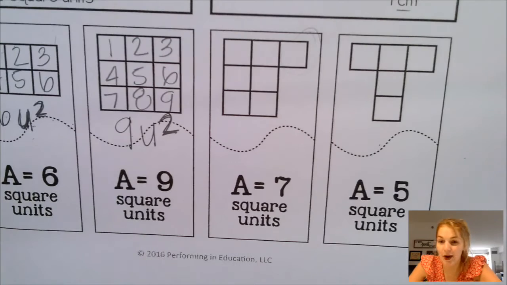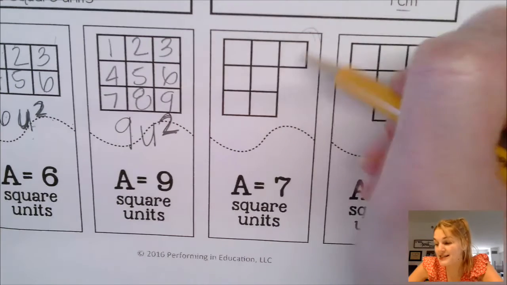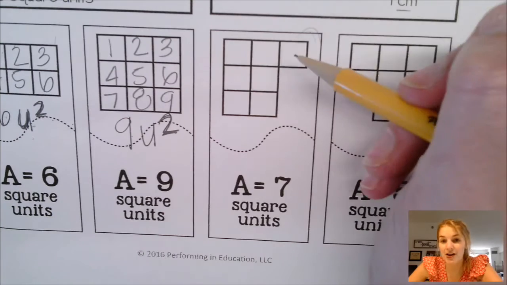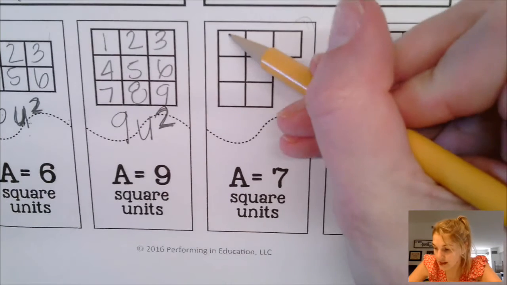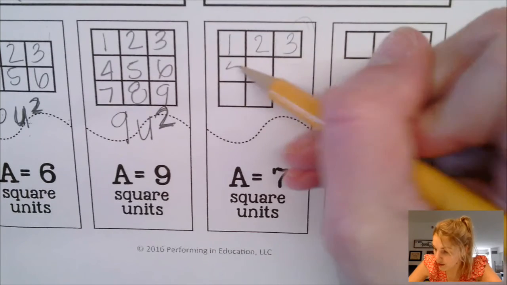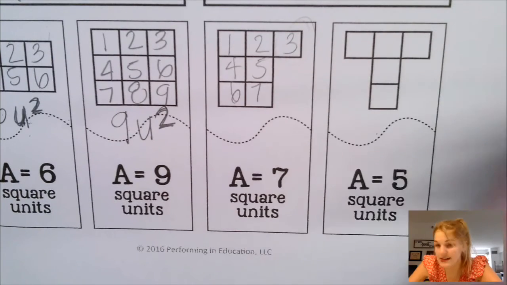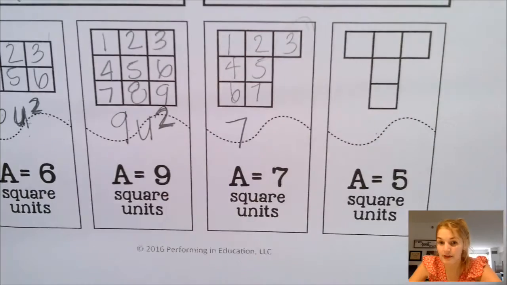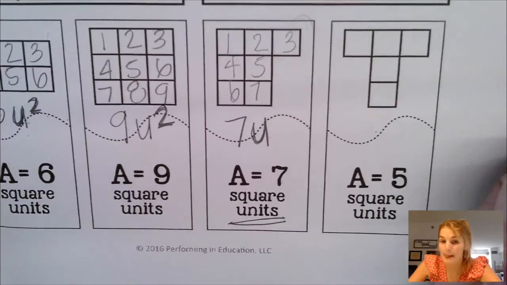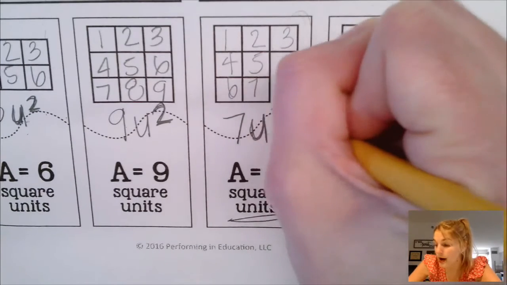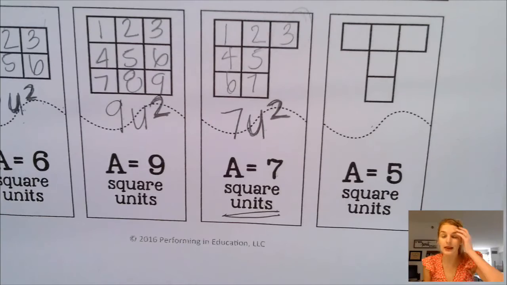This guy's just hanging out all by himself. But it still is part of our shape's area. We can't just pretend that it doesn't exist. So let's see. There are 1, 2, 3, 4, 5, 6, 7. Our area is 7. We don't know our units, so we're just going to write units. And area is always squared because we're always multiplying the length and the width.